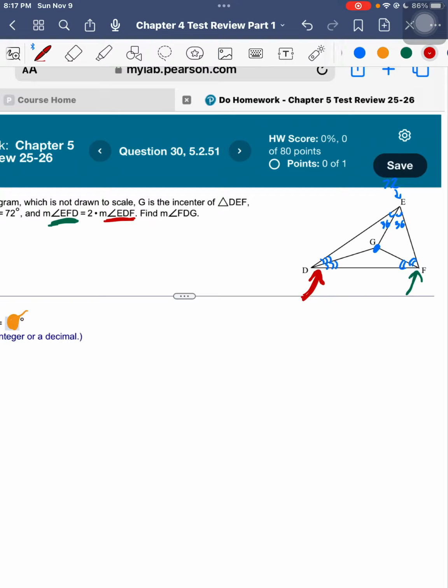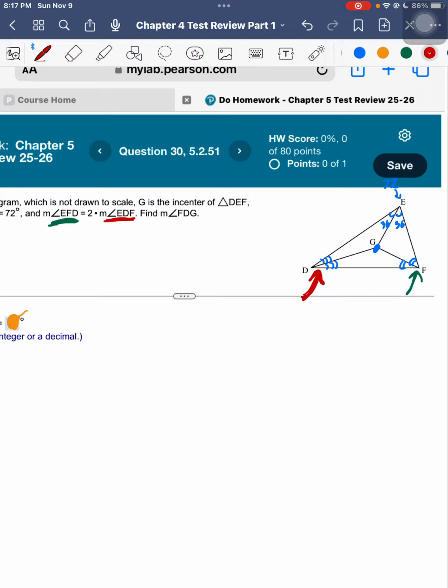So in order to find the relationship of all of them, I cannot just keep saying EFD and EDF. I need to give it a variable. So I'm going to give it a variable of X, because when I give things a variable, I can more easily solve for it. Remember a while ago when I told you guys, when you're assigning variables, you should honestly always assign them to the smaller of the angles or the segments.